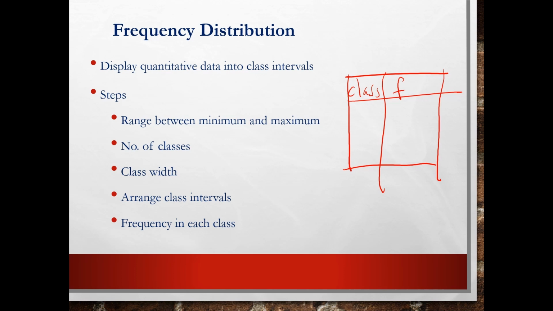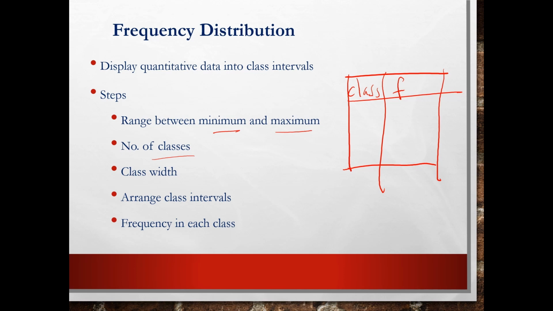Namely, the steps to create a frequency distribution would be, when you have a data set, find the minimum and maximum and decide how many classes you are going to have, 5 classes, 6 classes, or 10 classes likewise. There's no rule, but we can do it with trial and error. That is, you make a frequency distribution with some number of classes.